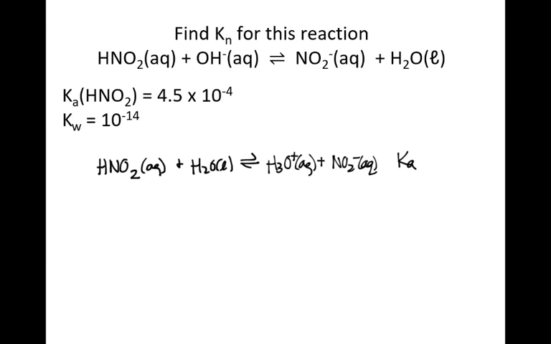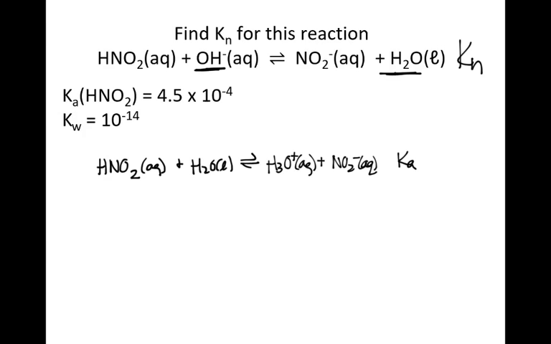So that's Ka. To get from the Ka reaction to our neutralization reaction, we need to end up with OH minus on the reactant side and with water on the product side. But here we have water on the reactant side, H3O plus.